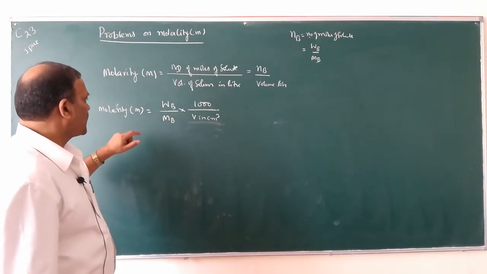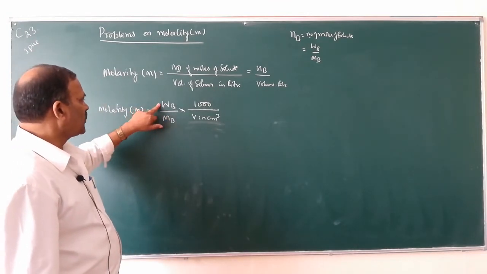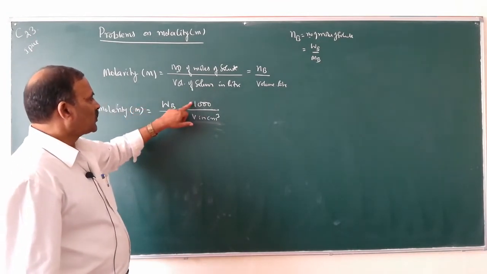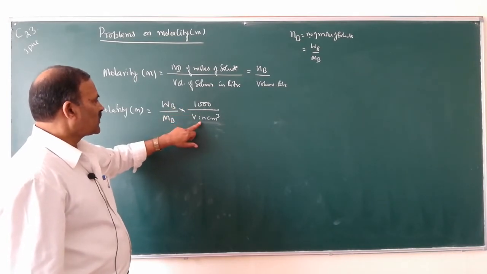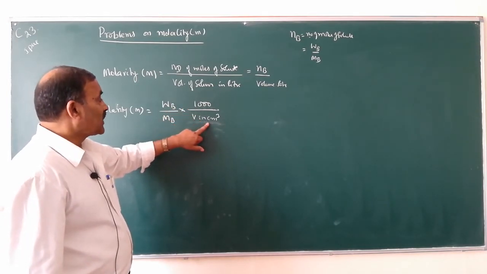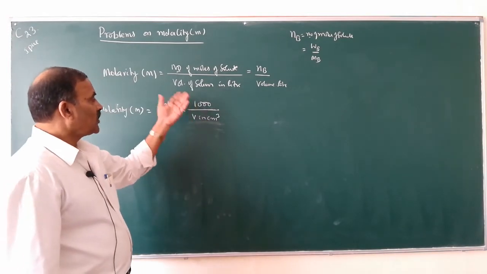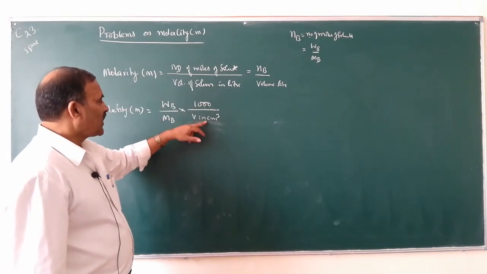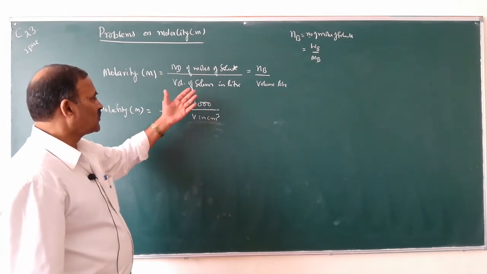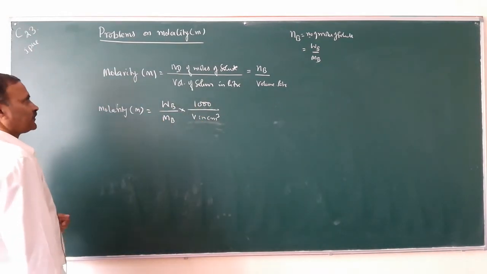It can also be calculated using the formula WB over MB into 1000 divided by volume of solution in centimeter cube. To convert centimeter cube into liters, we have to divide it by 1000, therefore 1000 goes to numerator.